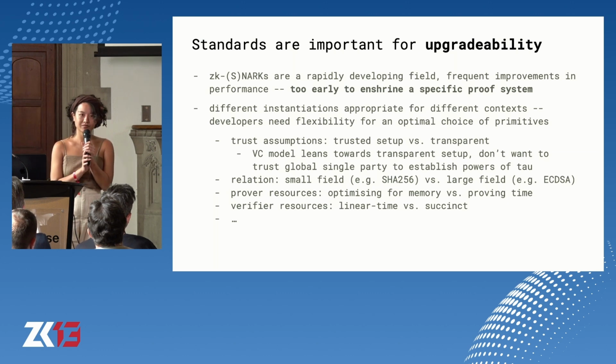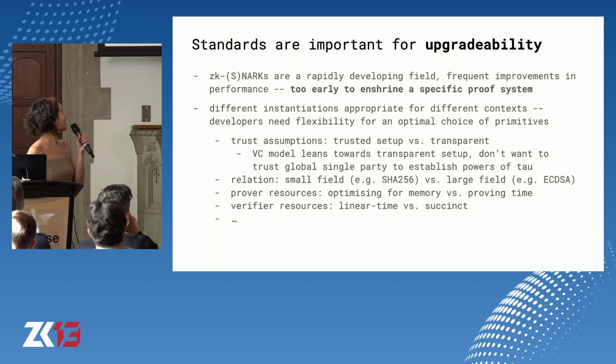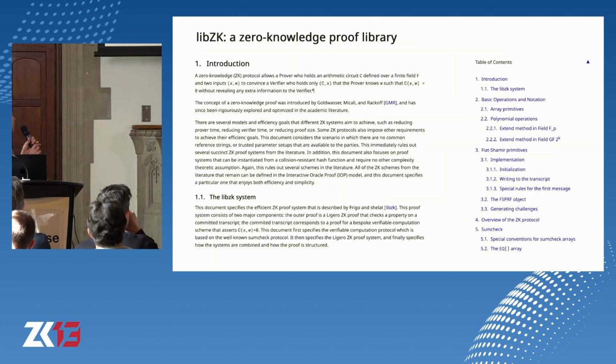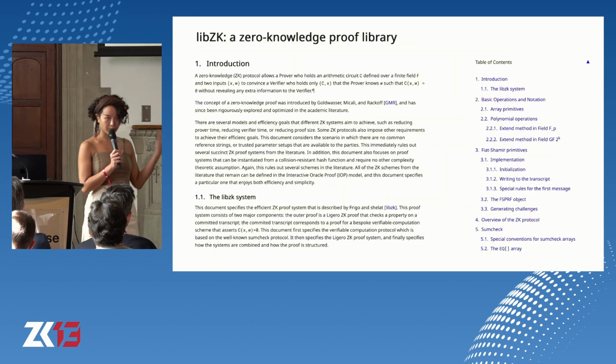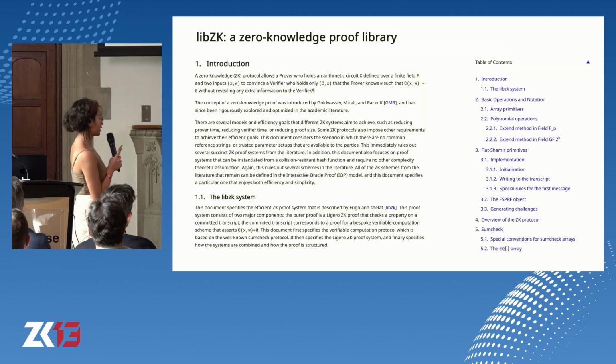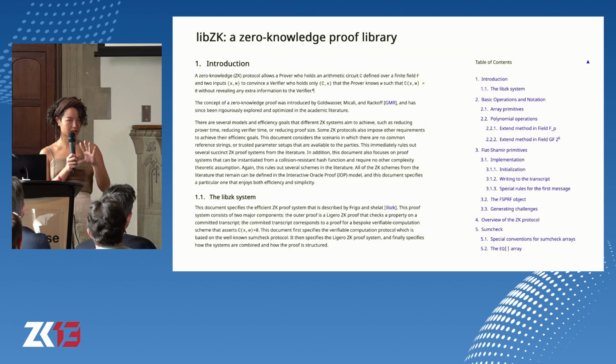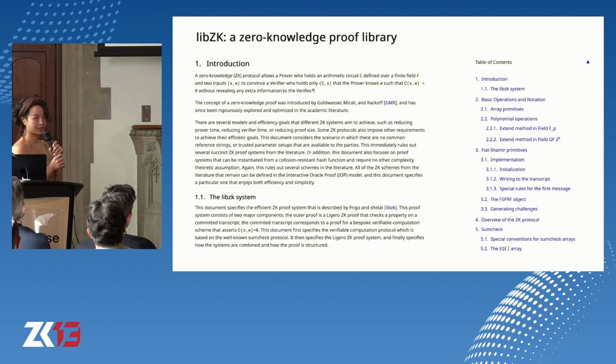And lastly, a standard is important for upgradability. So this is the Google published an IETF informational draft. They called it libzk. It is not as generic as it sounds. libzk is just describing their specific GKR plus Ligero scheme.